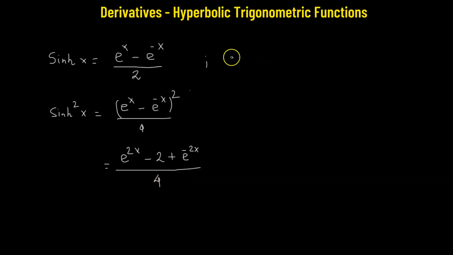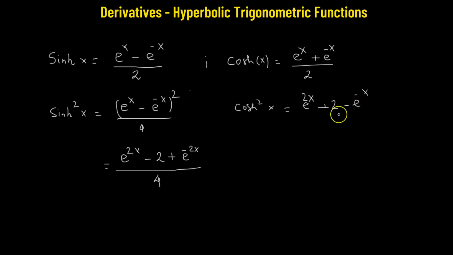And our hyperbolic cosine function is equal to e raised to the power of x plus e raised to the power of negative x, whole divided by 2. Again, squaring both sides, we have hyperbolic cosine squared x equal to e raised to the power of 2x plus 2 plus e raised to the power of negative 2x, over 4. Now what we will do here is take the hyperbolic cosine squared x function minus hyperbolic sine squared x.